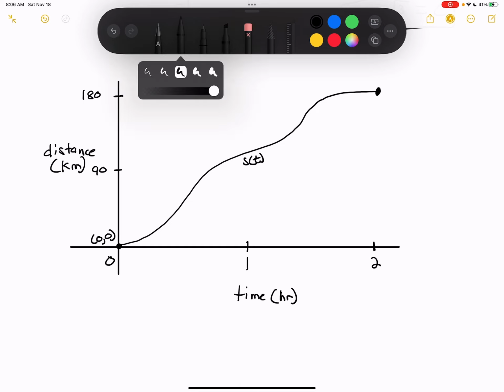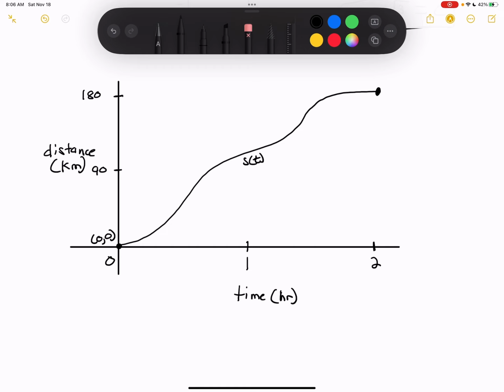So this function will tell you how much distance you traveled, depending on how much time you input into it. So if I take s of 1, in this case hours, this function should tell us how much distance was traveled after 1 hour.